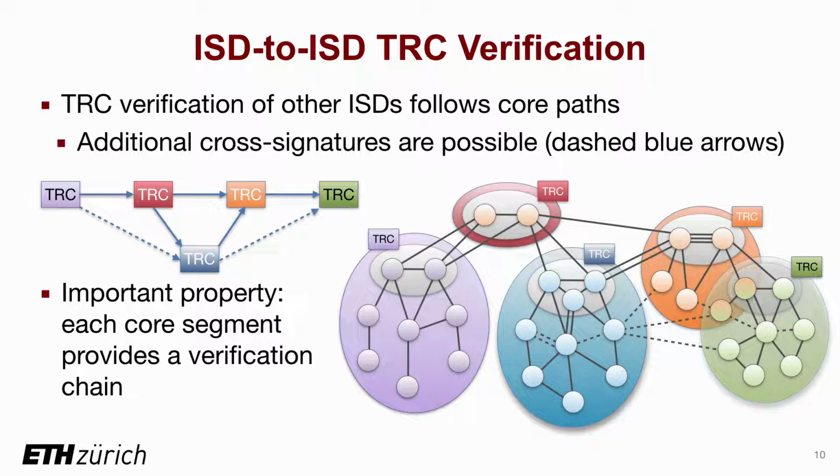In this example, you see the dotted line. The purple ISD can also sign the blue ISD's TRC, and the blue ISD's TRC can sign the green ISD's TRC without being directly connected. As a consequence, we have two independent verification paths, which can offer additional levels of security if both are being verified.